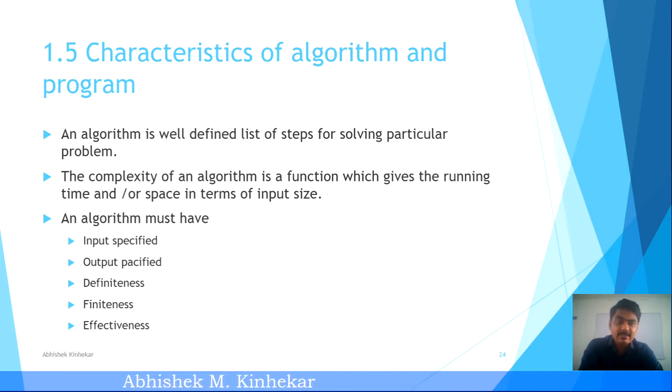And the last thing is effectiveness. Whatever characteristics we have seen, whatever instructions we have written for that algorithm's execution, those instructions should be effective. That simply means if you are writing code for a calculator application which will perform addition, subtraction, multiplication and division on some random numbers or rational numbers, then each and every instruction which you write should be effective.